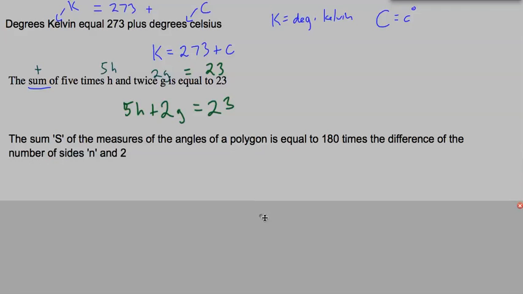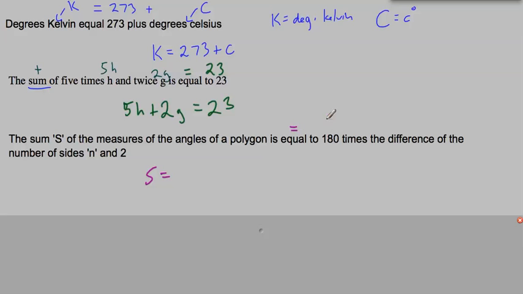Let's do another one. This one you guys should remember from geometry, should be familiar to you. The sum S of the measures of the angles of a polygon is equal to, so S is the measures of the angles of a polygon, and S equals 180, there's my constant, times the difference of the number of sides n and 2.